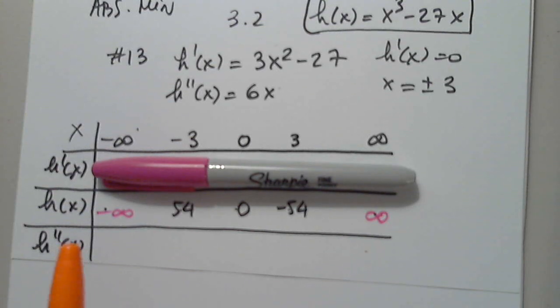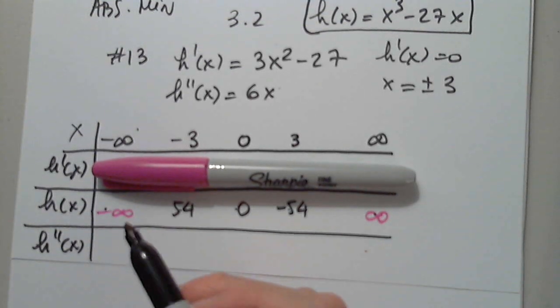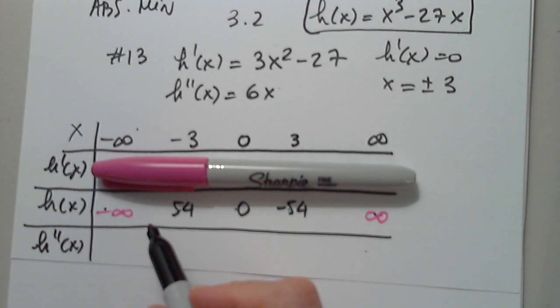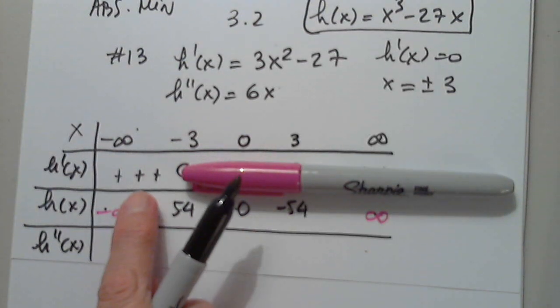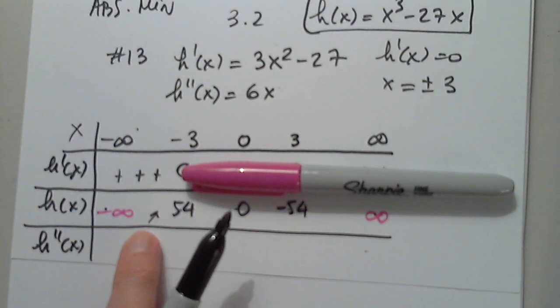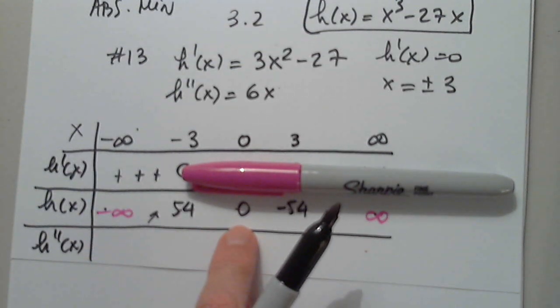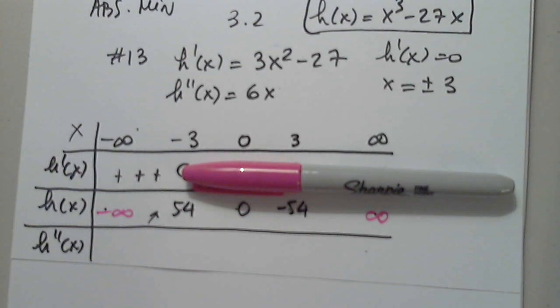So, from -infinity to 54, what does the function do? Increase. Good. Is this supported by the sign of the first derivative? Yes. Perfect. From 54 to 0 and 0 to -54, what does the function do?